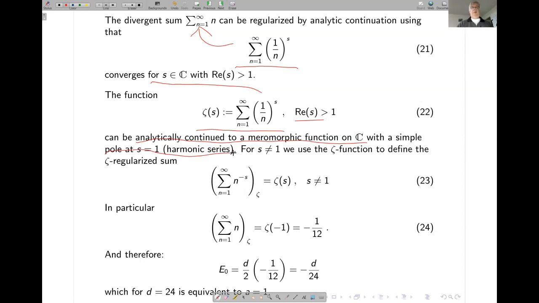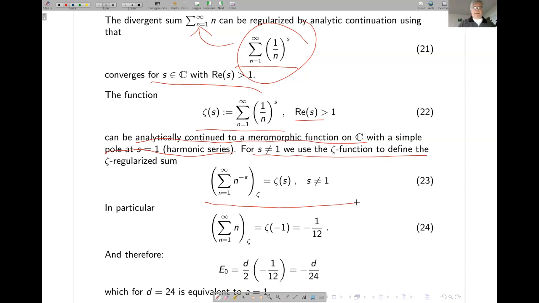But since it is holomorphic everywhere else, I can use this to give this sum for any value of s different from 1 a finite value in a unique, well-defined way. This is then called the zeta regularized sum. So the zeta regularized sum is by definition the evaluation of the Riemann zeta function at the corresponding point s.